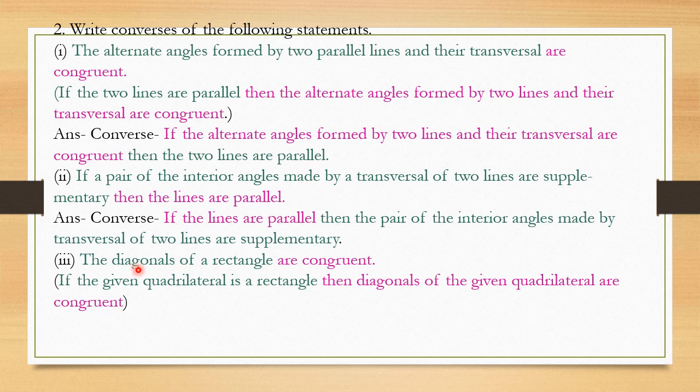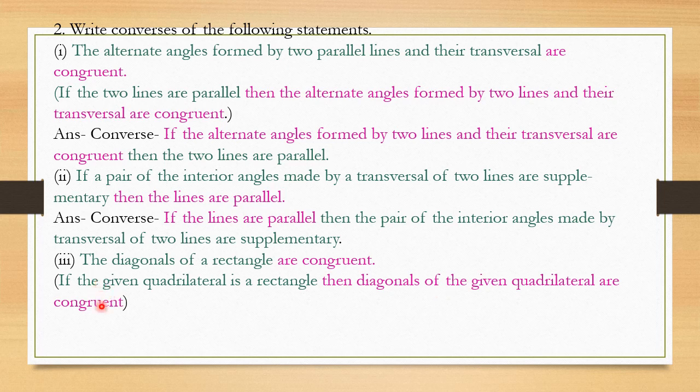When are the diagonals congruent? Only and only if the given figure or quadrilateral is a rectangle. Only in a rectangle can the diagonals be congruent. So you have to write the if statement: if the given quadrilateral is a rectangle, then and only then the diagonals of the given quadrilateral are congruent.